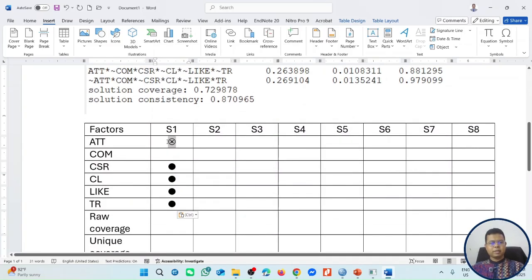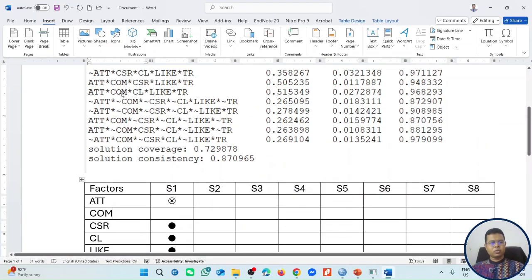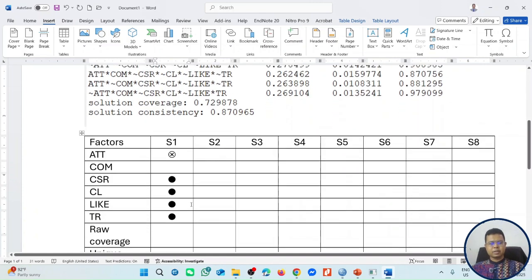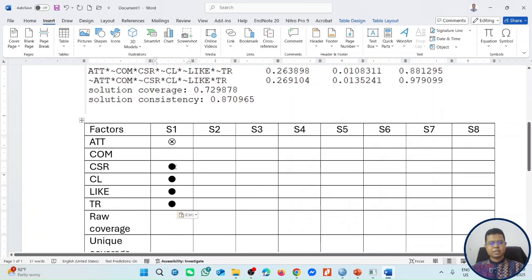So this sign means negation or absence. Here in solution 1, there is no item of COM, it means it's absent, the blank cell, and all others fully present. I am presenting the fully present using this bold black sign, bold black circle.